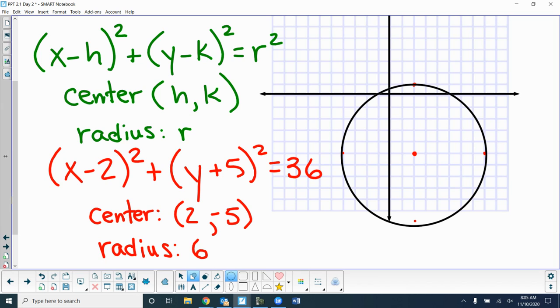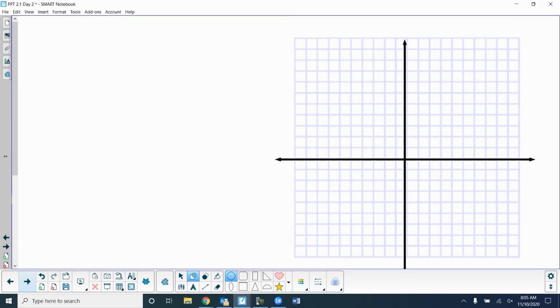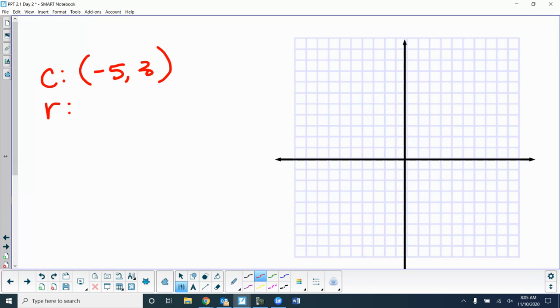Okay, let's go the other way. I'll give you the center and the radius. Should have made it a different number for that, right?